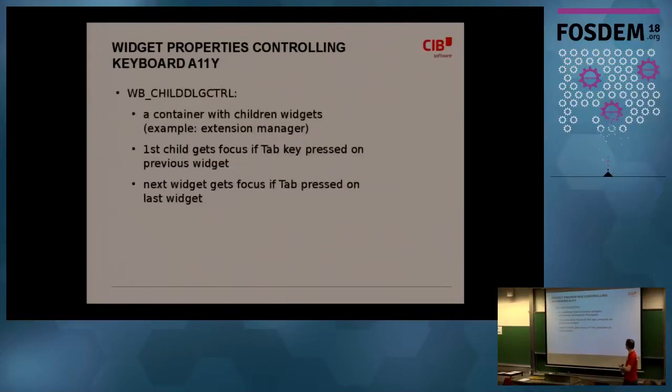And for something that is a bit more complex, like for example a list box that itself contains controls, again, like the extension manager has this rather complex list box where you have enable, disable buttons per entry. So those complex controls that need tab traveling, focus traveling inside, they need this child dialog control flag.